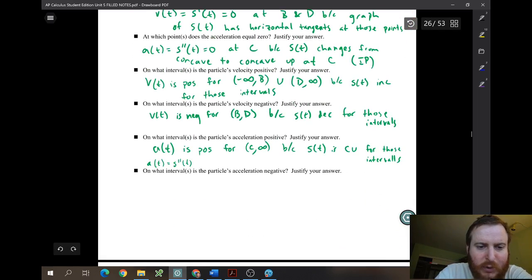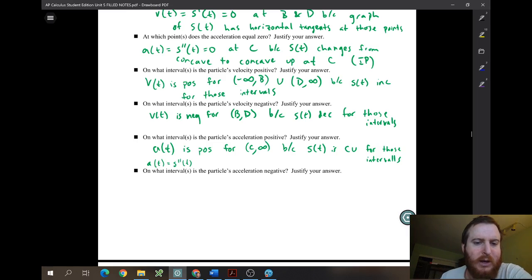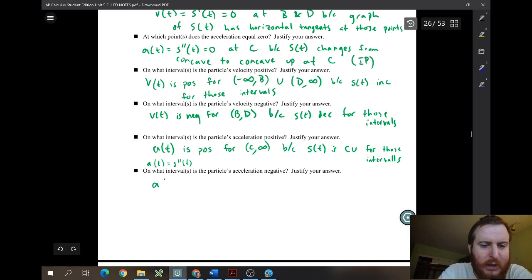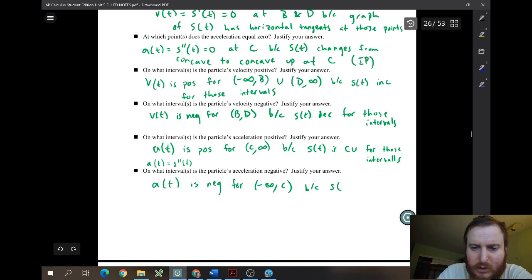So that's why, since we have position, we say concave up or concave down. And then acceleration is negative for negative infinity to C, because S of t is concave down.